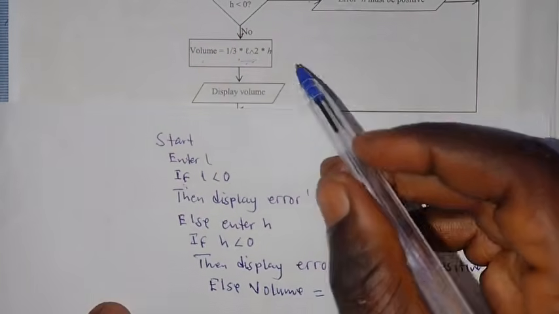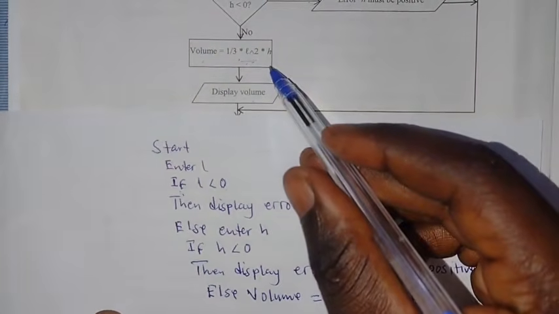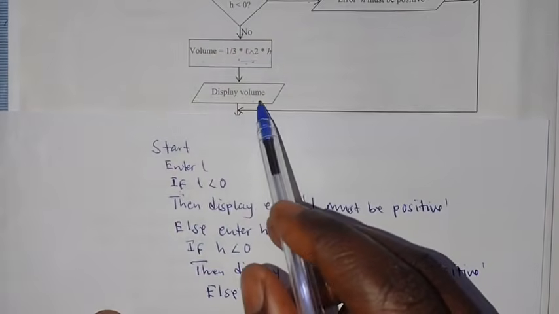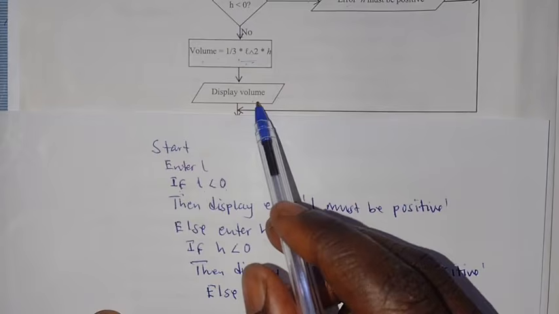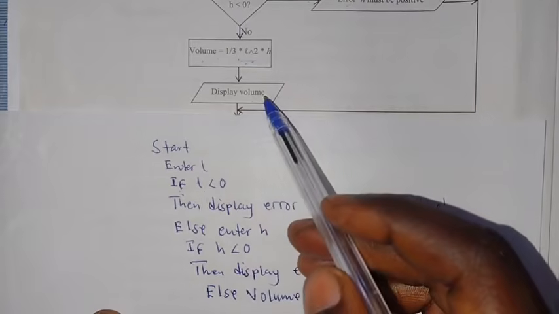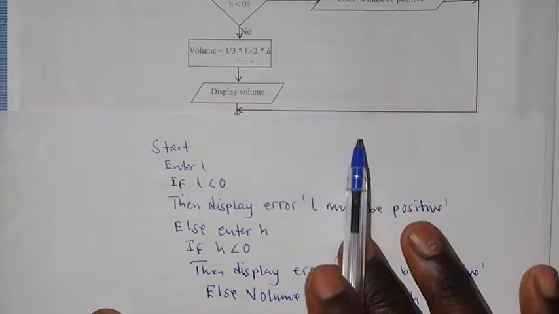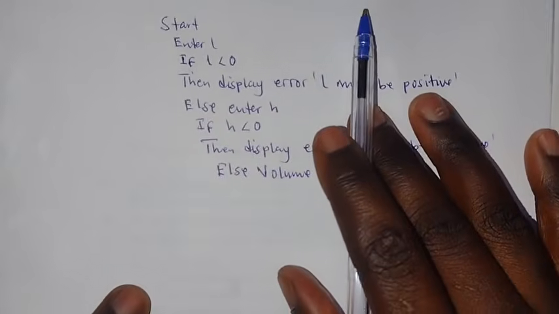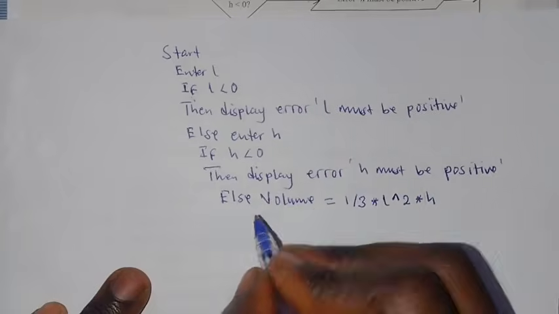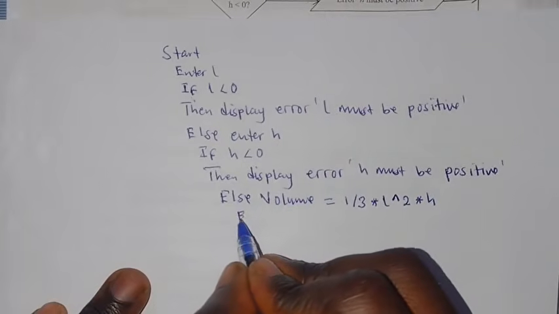Now after this action box, what's coming? Display volume. Before we display volume, we say end if. That is what you are going to write here.